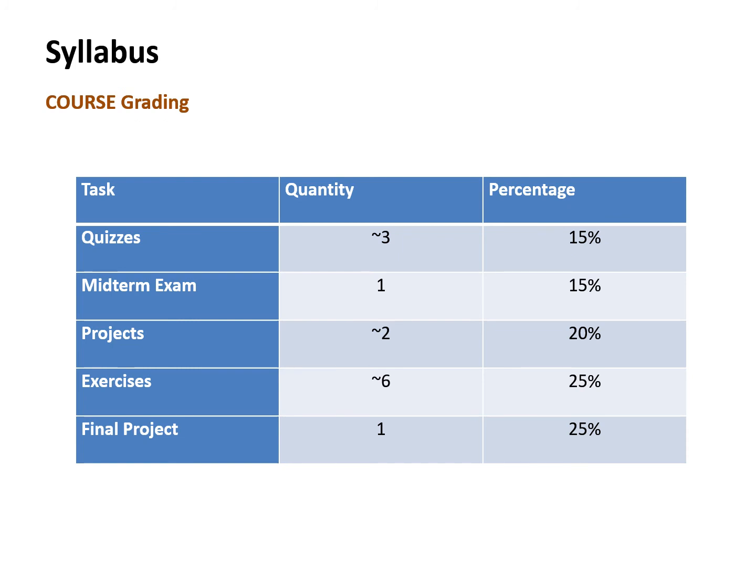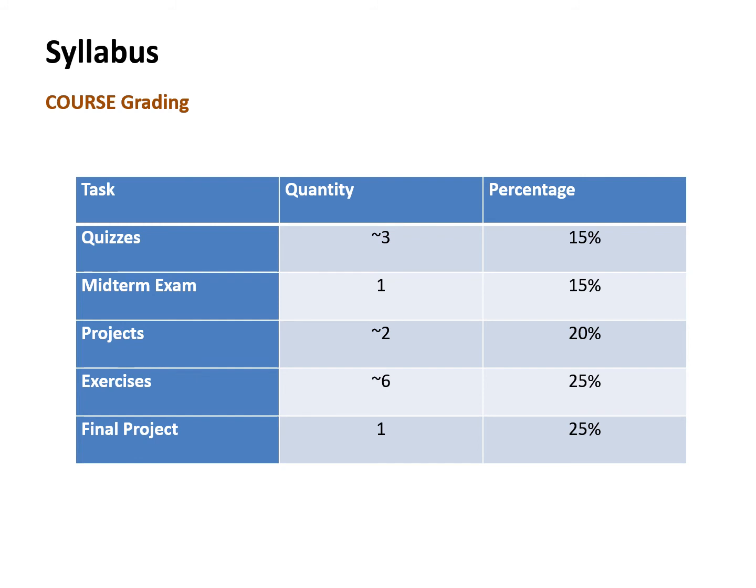Course grading: approximately 3 quizzes, and some parts of the quizzes are simulation, circuit design and programming. We will have a midterm exam, and it's going to be only one.